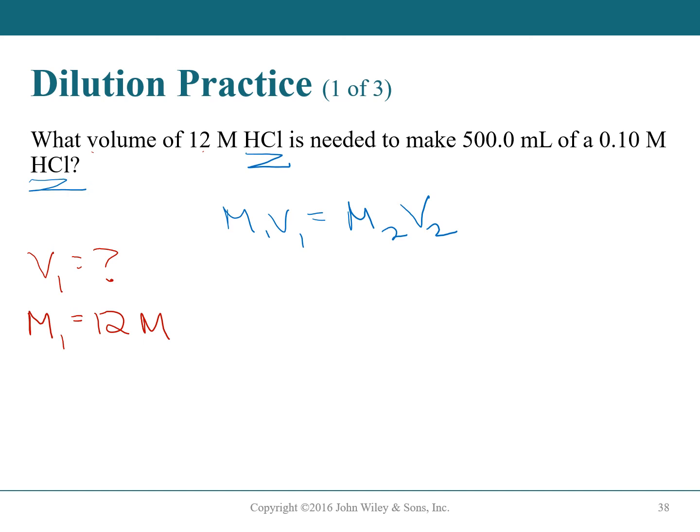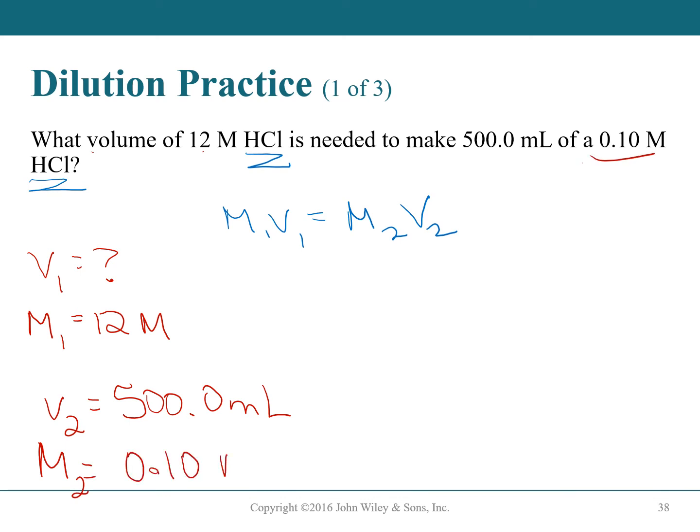For the dilute solution, I know that V2 is equal to 500 milliliters, and M2 is given at 0.10 molar. So I can solve for V1.